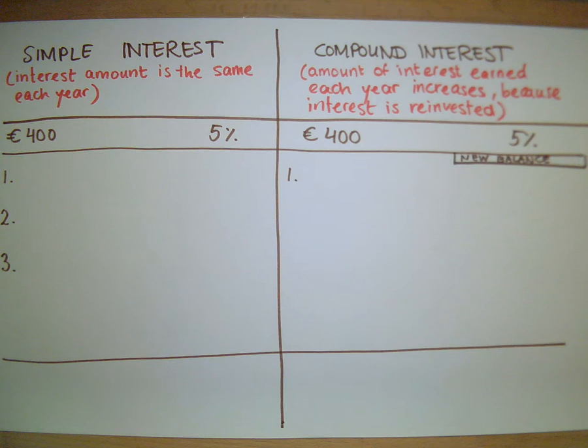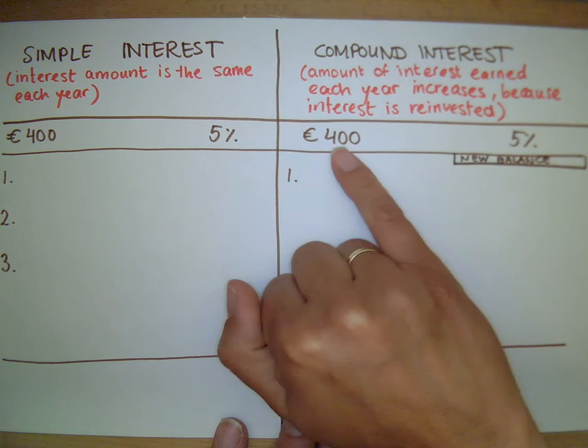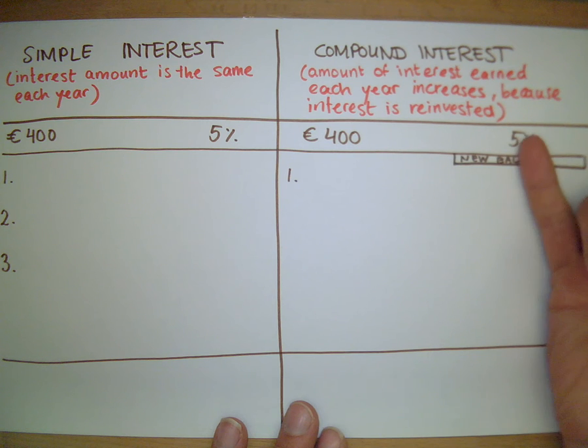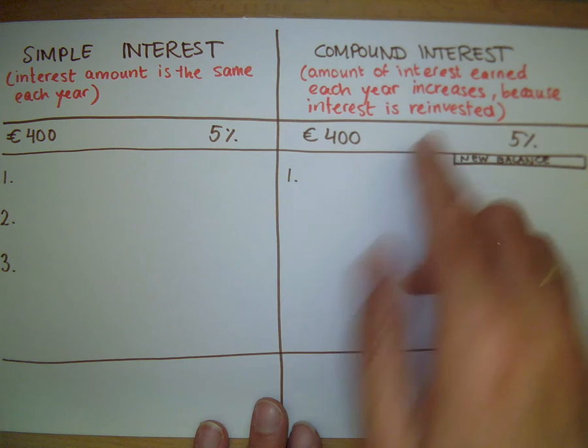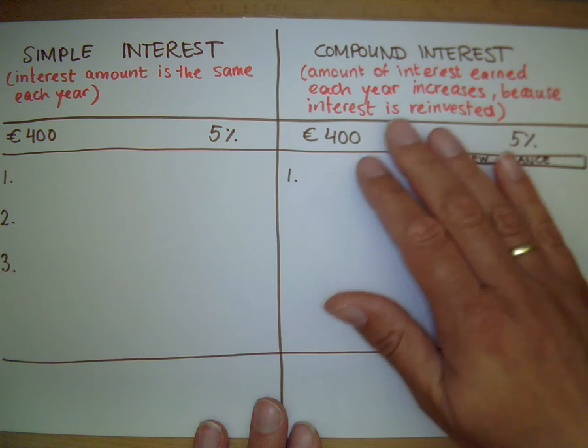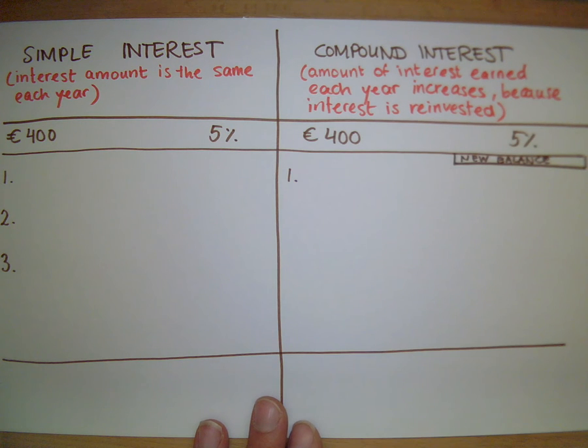That makes your account bigger, so this 400 goes up, and the next year the 5% is calculated over that greater amount. And because of that, the interest that you earn increases every year, because every year it's calculated over a greater amount.